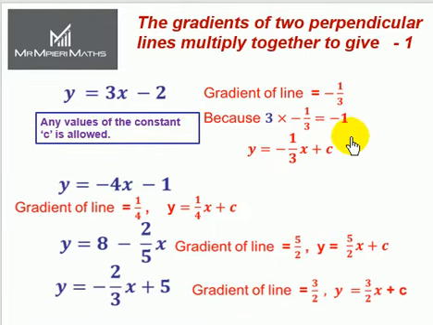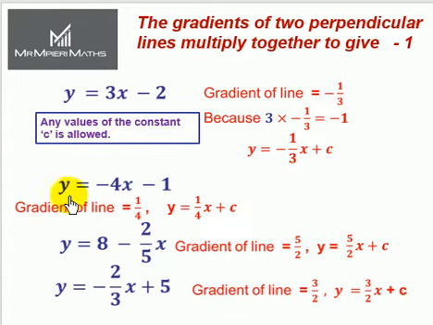So the equation of the line we are looking for has to be y equals minus 1 over 3x, then plus any other value you choose. Whatever value you choose here is okay. It could be plus 3 or minus 3, plus 2, minus 5. Any value of the constant c is allowed.